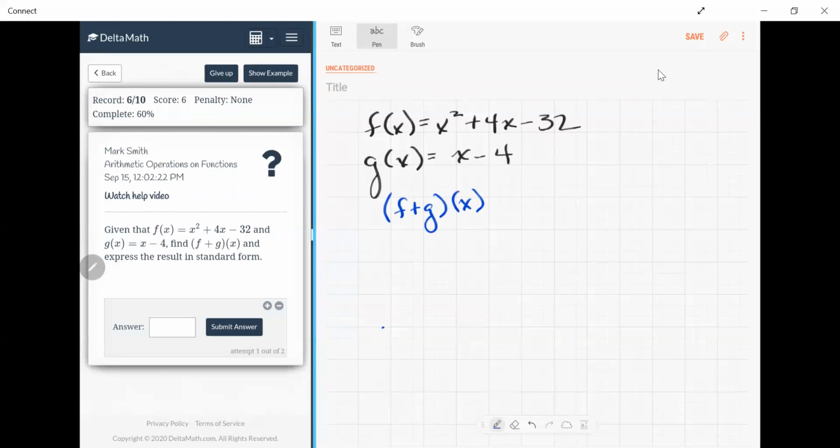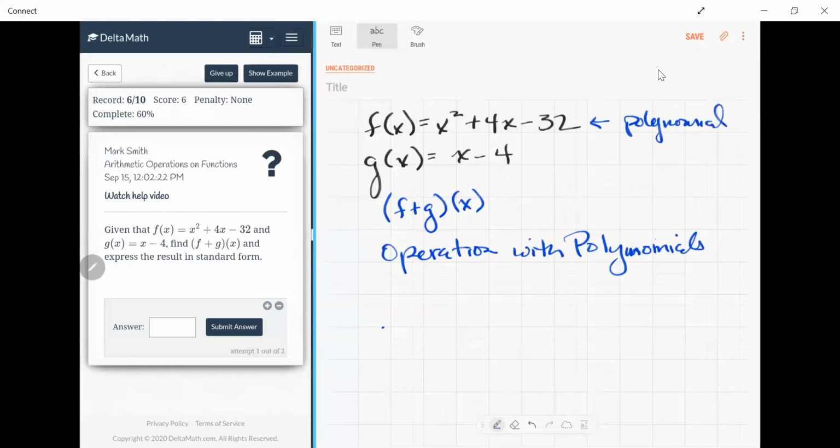All right, so first of all, you have already done what this is asking you to do, because you have already done operations with polynomials. And notice that this is a polynomial, and this is a polynomial, and you've already done operations with polynomials.